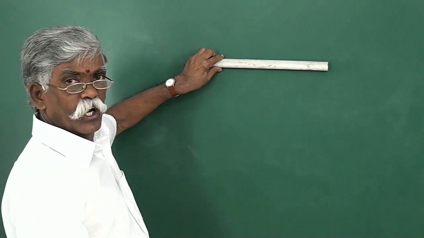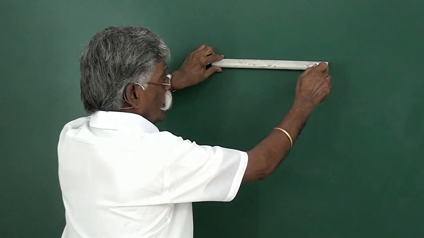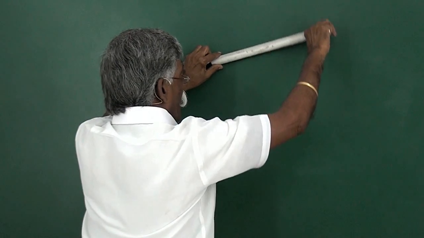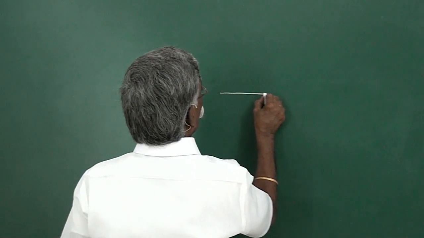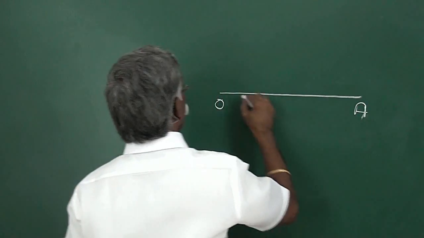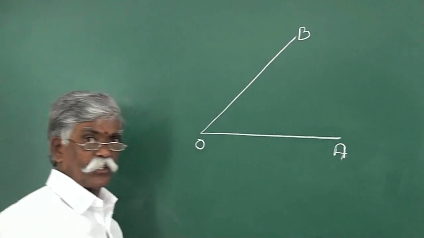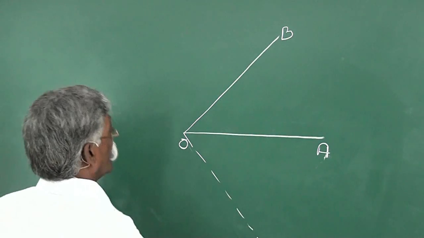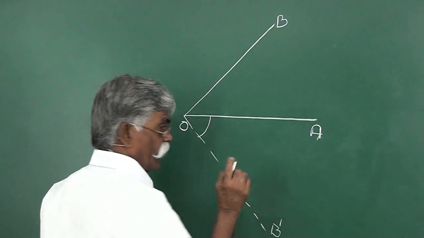Suppose this is a fixed straight line fixed here at this end, so that this end can be moved. So this end may be moved like this, or it may be moved like this. So this is OA, and when moved in this direction, it came to the position OB, and when moved in this direction, let us say that this position is OB dash.